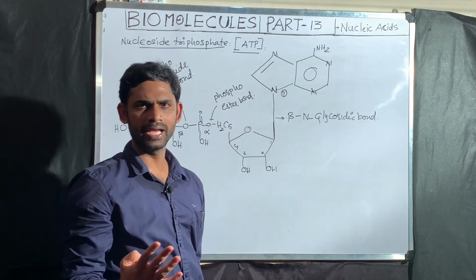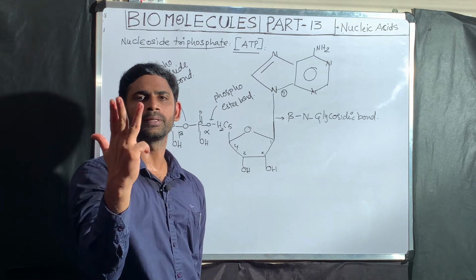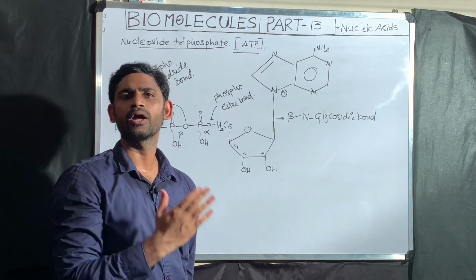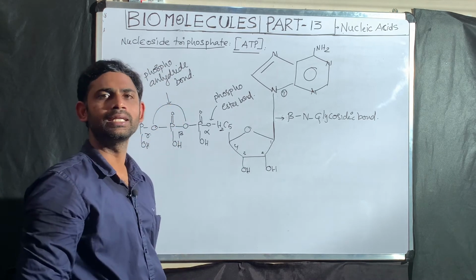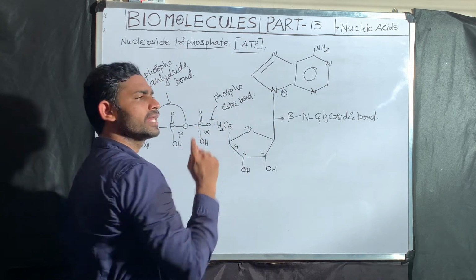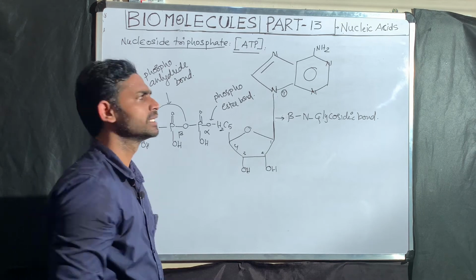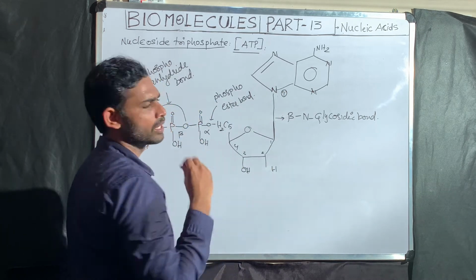Here I said 4: ATP, GTP, CTP, UTP. These 4 are the constituents of RNA. If you want to make DNA, you can fix this adenine, and instead of ribose, you take the 2' deoxyribose. If I change it like this, you can easily understand now.